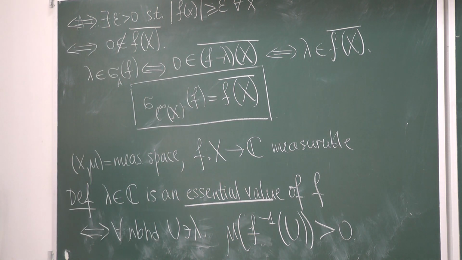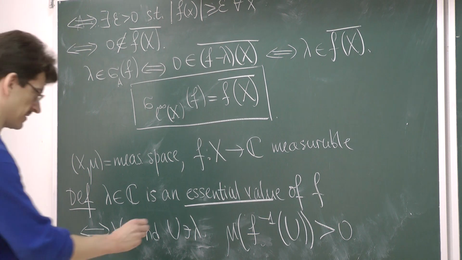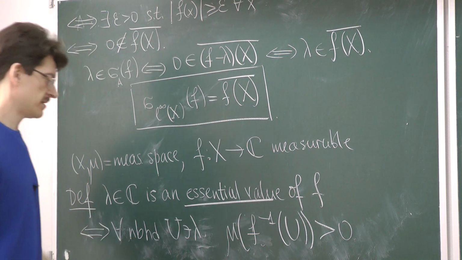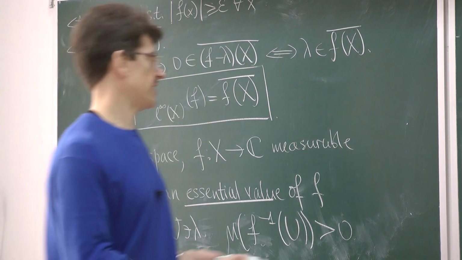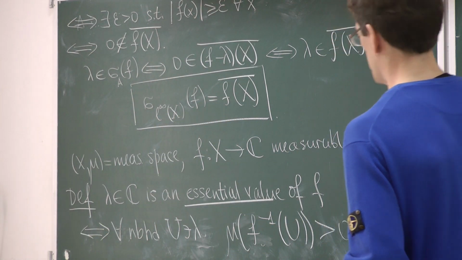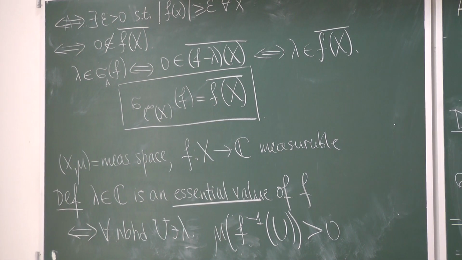So in some sense, this means that f often appears close to lambda in the measure theoretic sense.